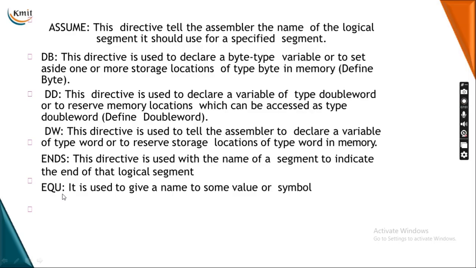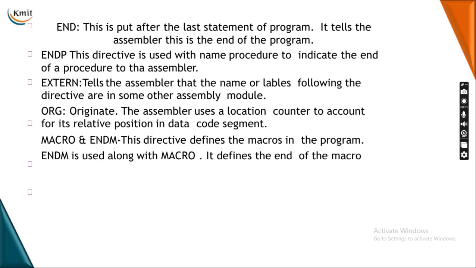Suppose you need to store a value to a corresponding variable, then you can write n1 EQU that corresponding value. Then END, this will always be at the last, which is the last statement of the program. This is to tell that this is the end of the program.